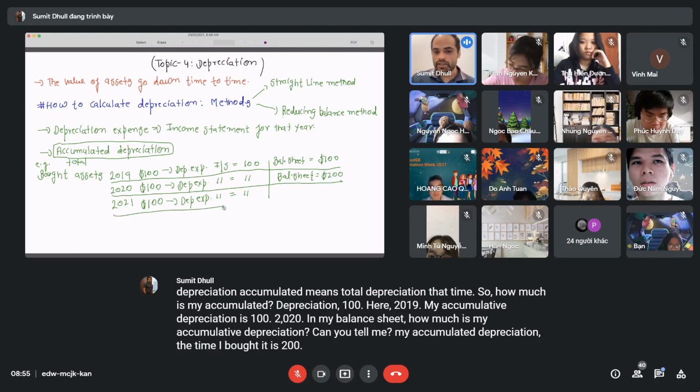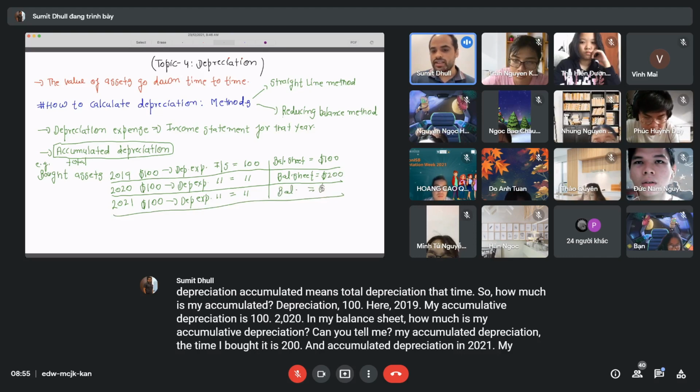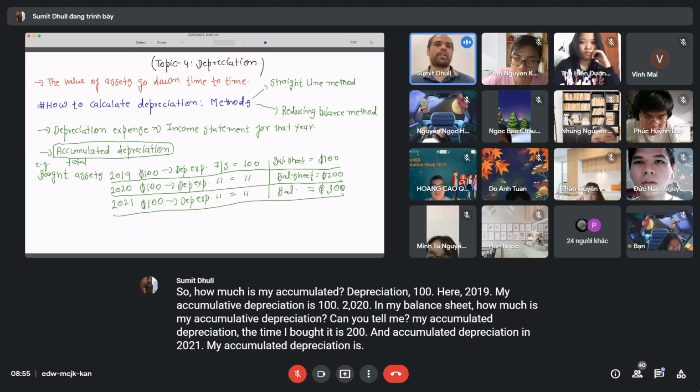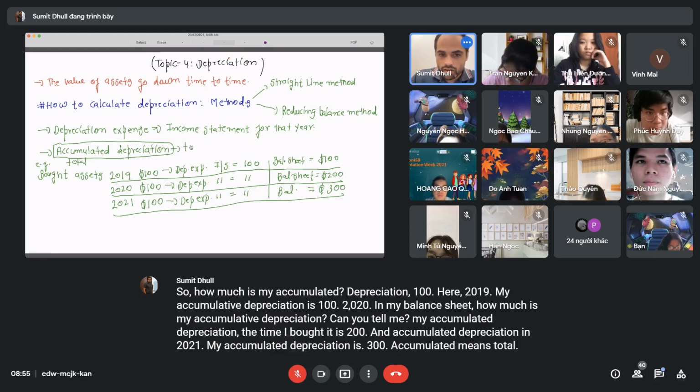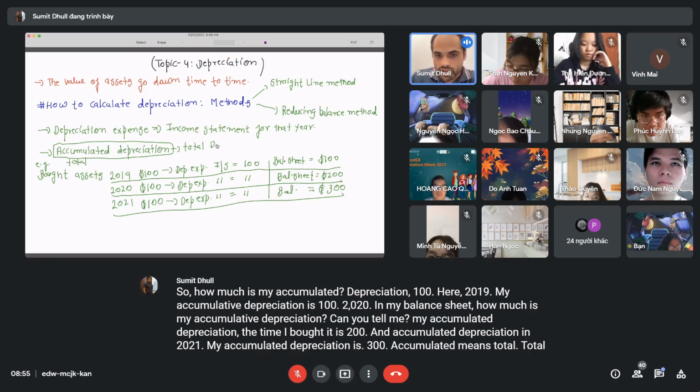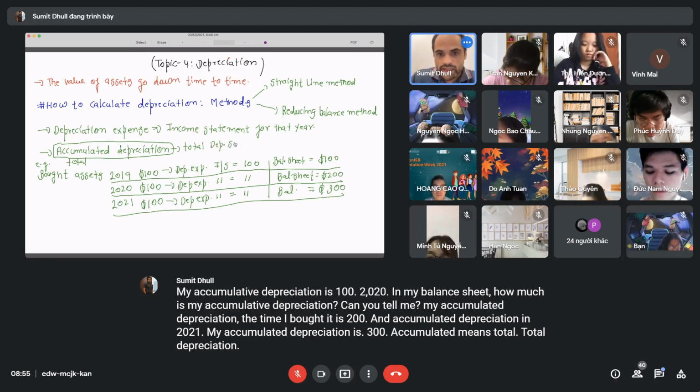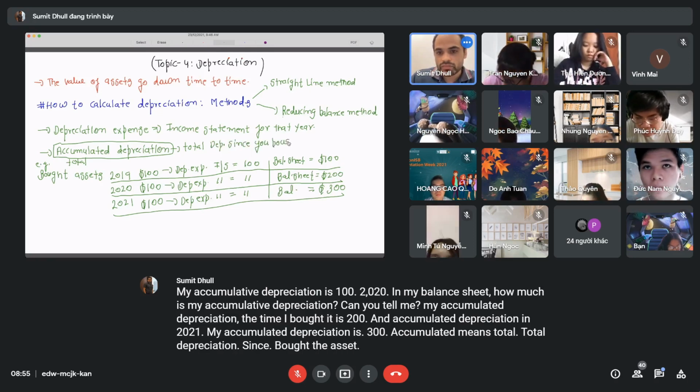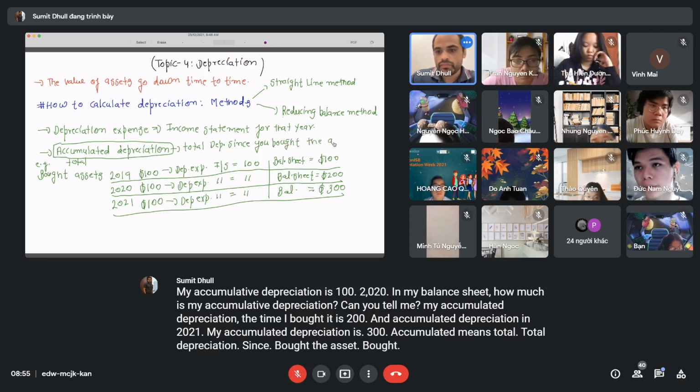And accumulated depreciation in 2021 is 300. Accumulated means total depreciation since you bought the asset.